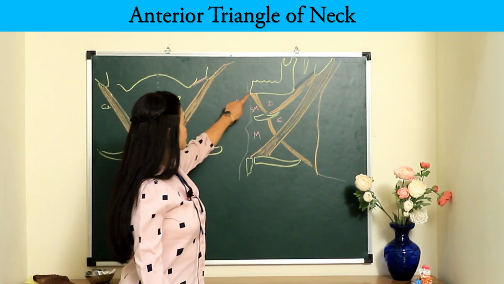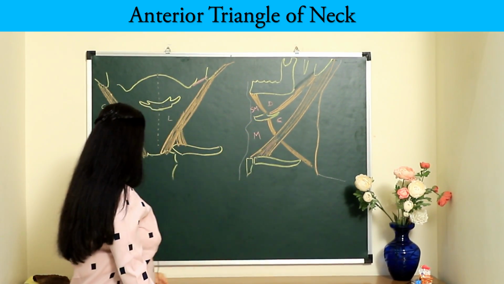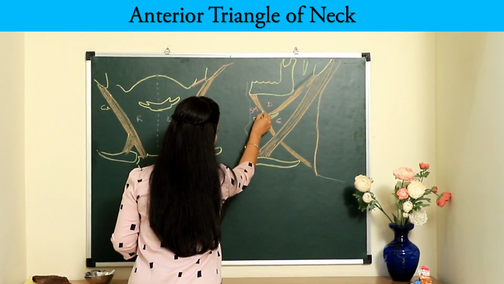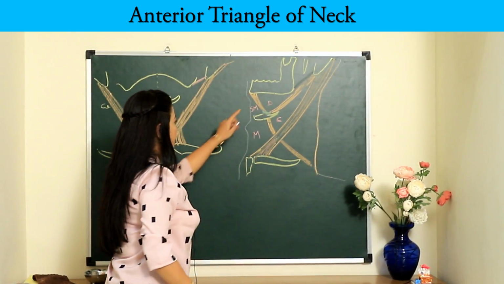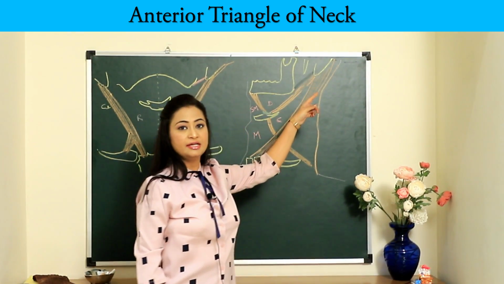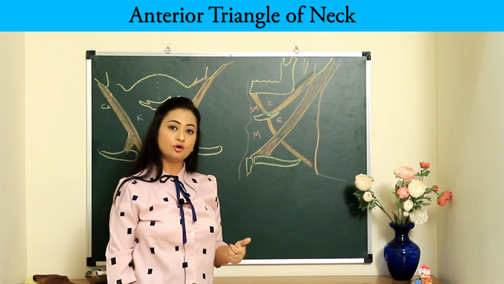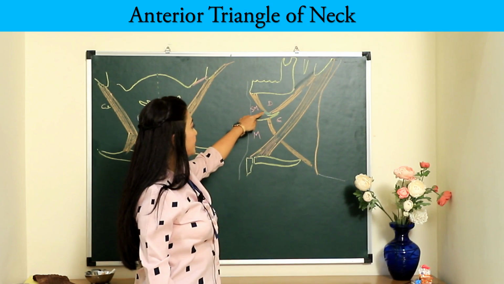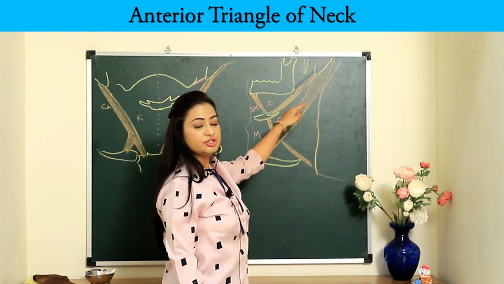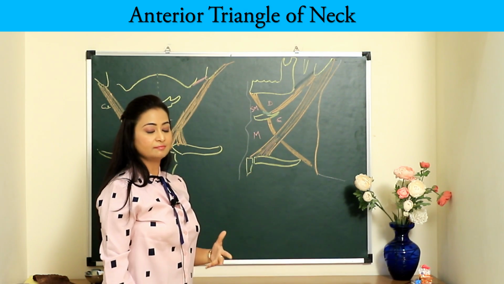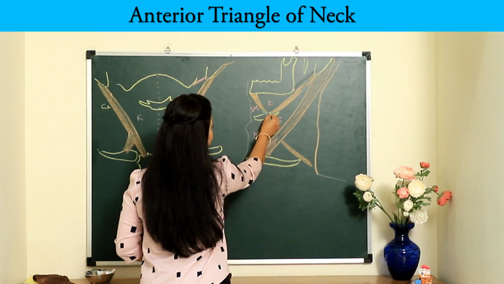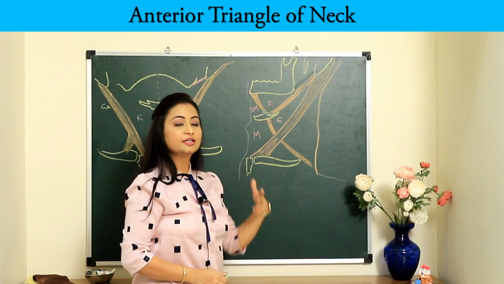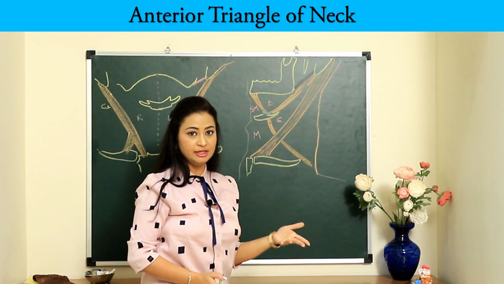Now this belly comes and inserts into an intermediate tendon like this, and now the posterior belly, which arises from the mastoid notch of the temporal bone, is a longer belly and it is roughly triangular in shape. The fibers of this belly also come and insert onto this intermediate tendon over here, but this intermediate tendon does not hang freely in air.